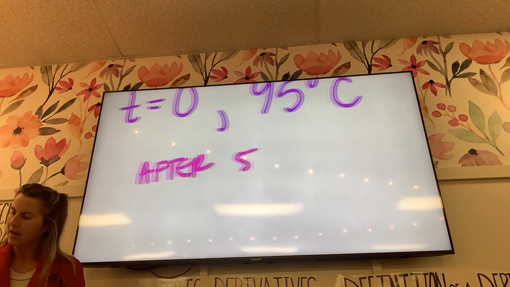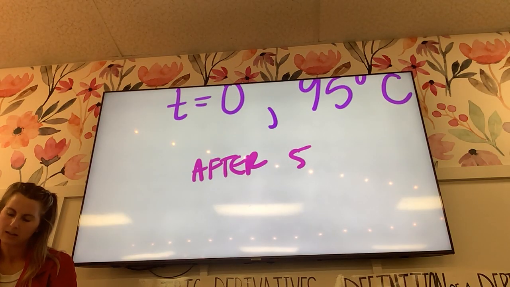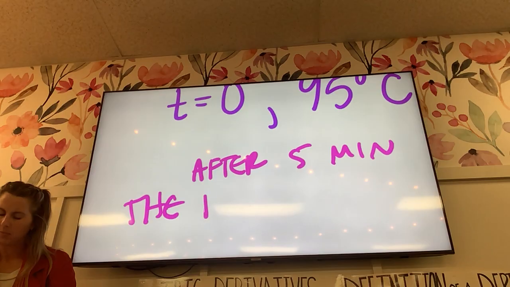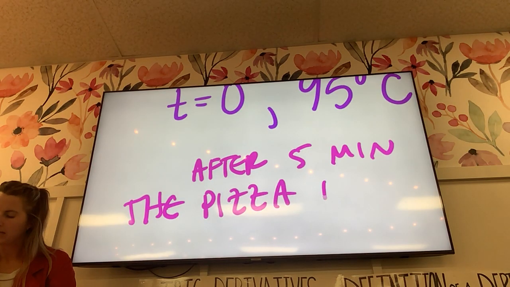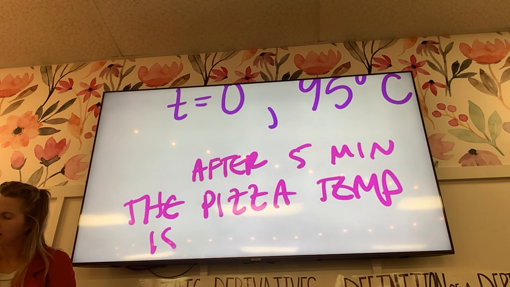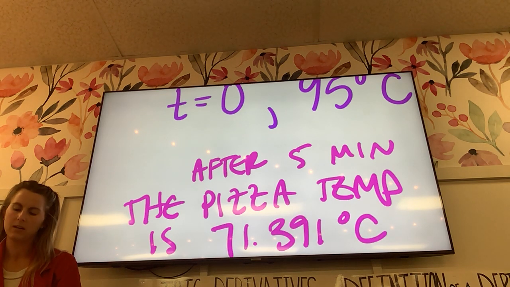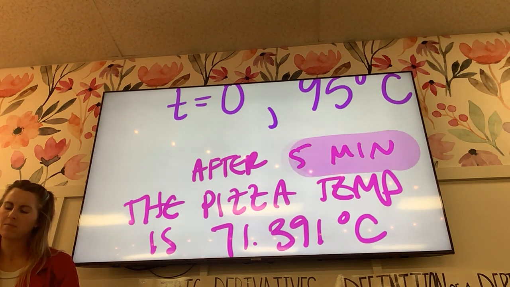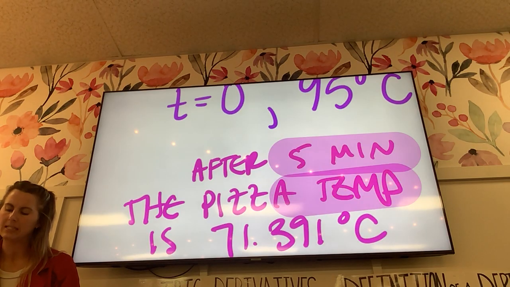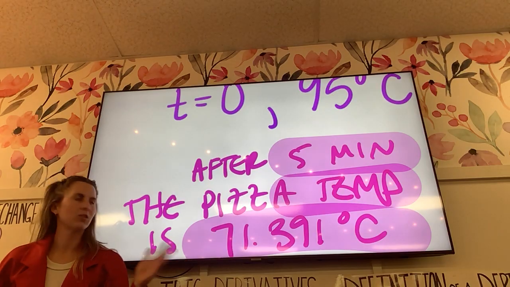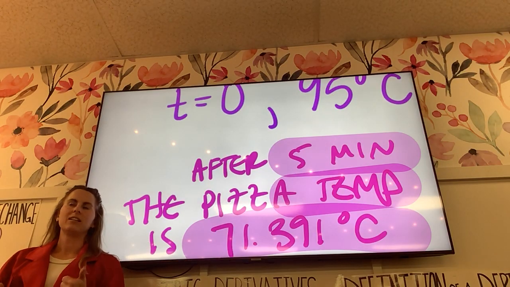After 5 minutes, the pizza temp is 71.391 degrees Celsius. All right, so you have your time, 5 minutes, you have your noun, pizza temp, and your units, 71.391. Sound good? Yeah.